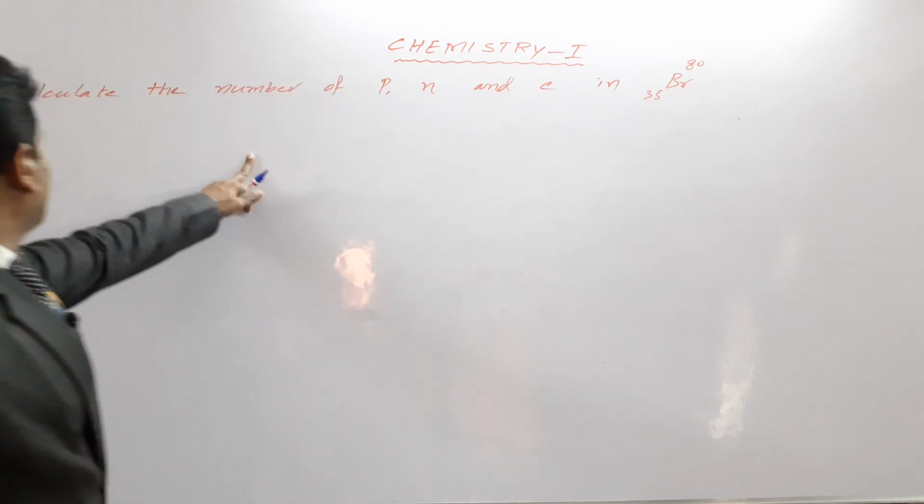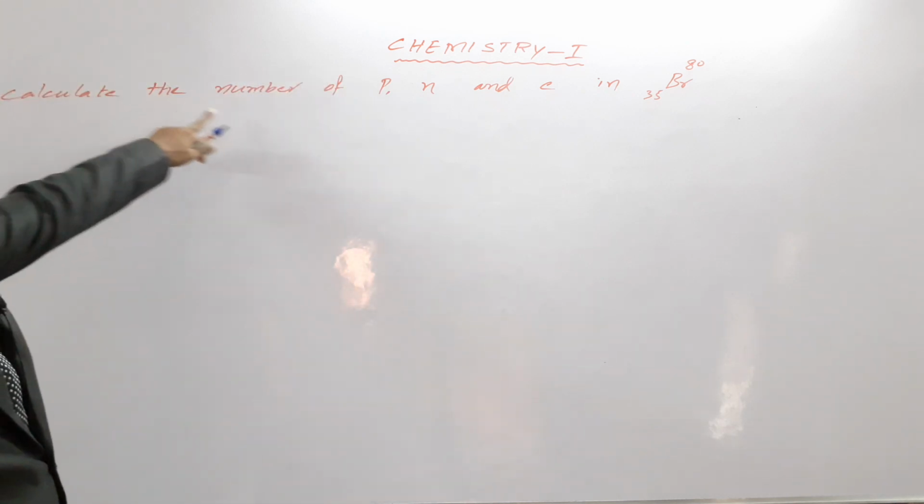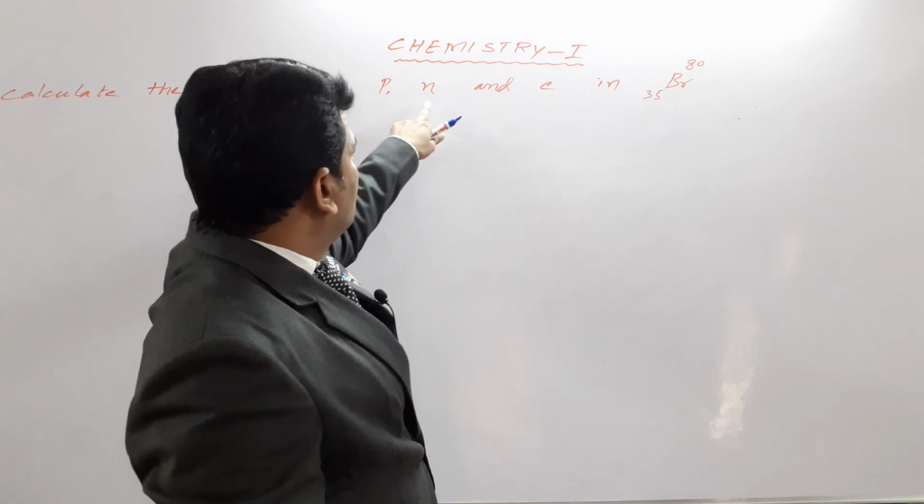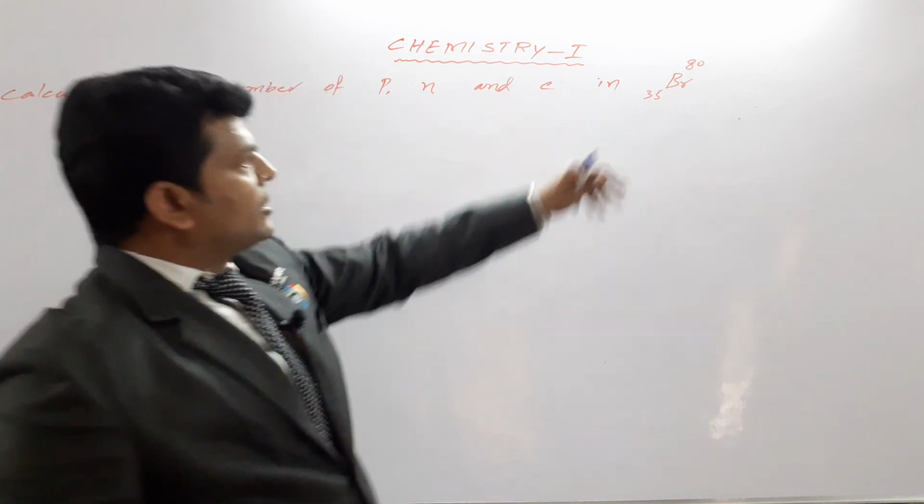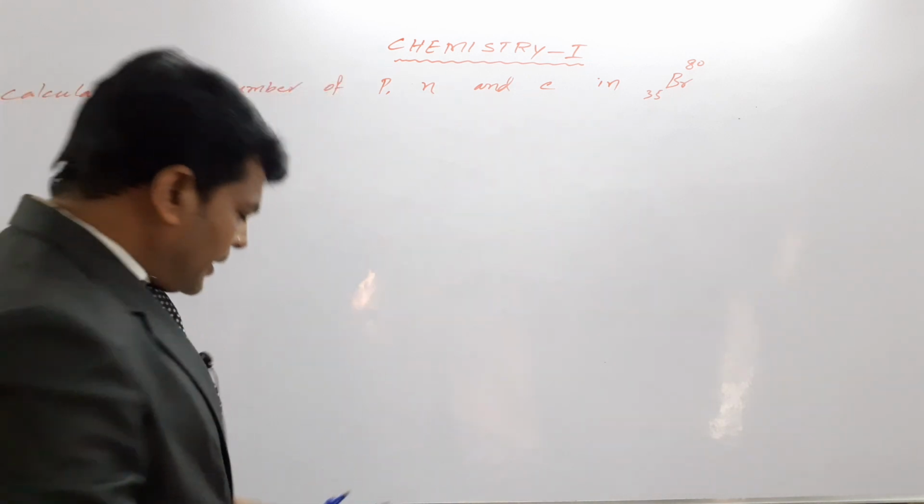This is the problem given to us. Calculate the number of protons, neutrons and electrons present in bromine 80.